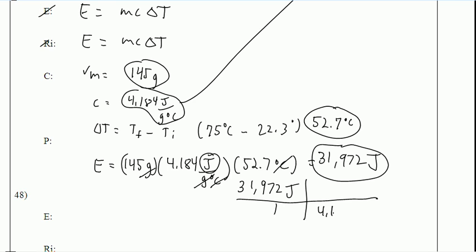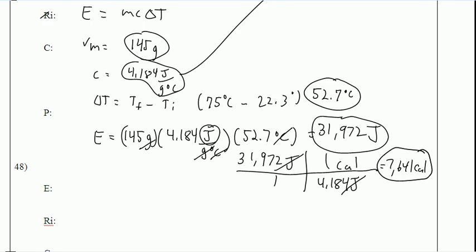So 31,972 divided by 4.184 equals 7,641. 7,641 calories. A little bit easier number to work with.